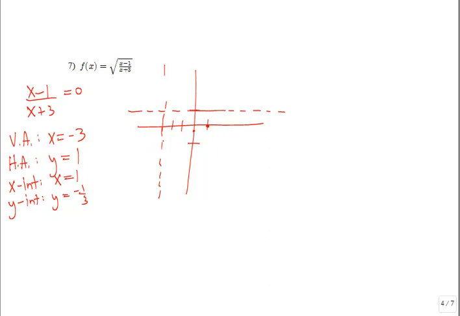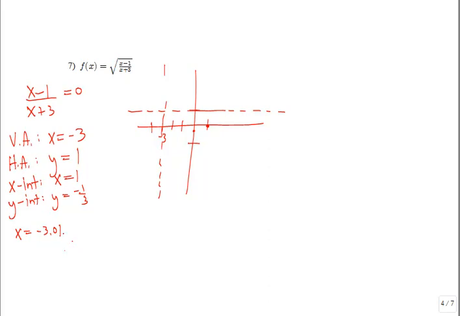So let's say that I wanted to pick something slightly to the left of this vertical asymptote. Since this is at negative 3, something to the left of negative 3 would actually be something like negative 3.01, something a little bit bigger than the number 3, but to the left, since it's negative, it actually becomes negative 3.01.